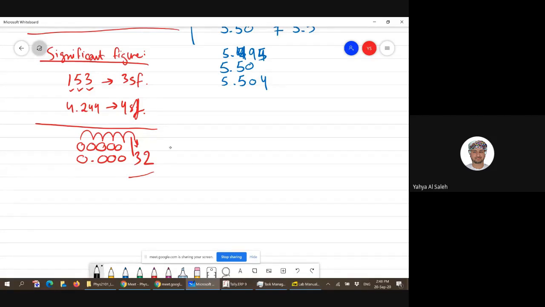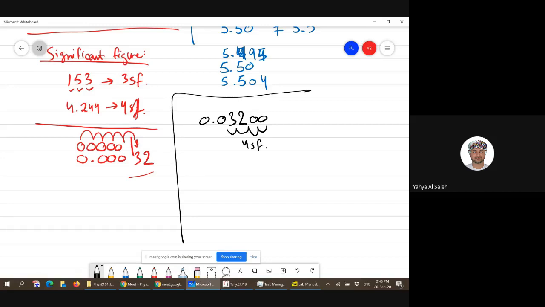So if I write 0.03200, then this is 1, 2, 3, 4. So this is 4 significant figures.